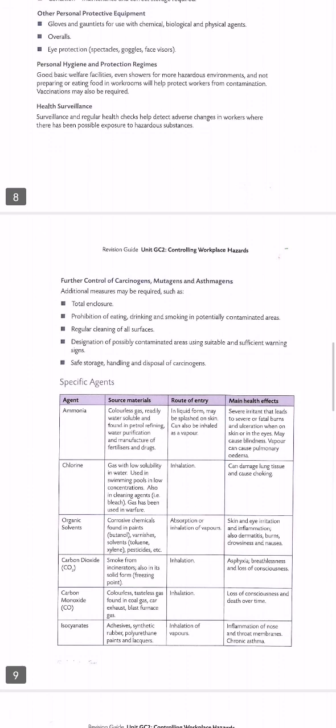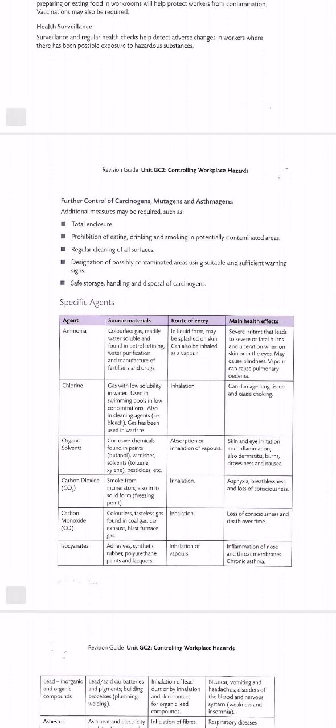So this is very necessary. Then further control. We are going to talk about further control of carcinogens, mutagens and asthmagens, right? Additional measures may also be required.